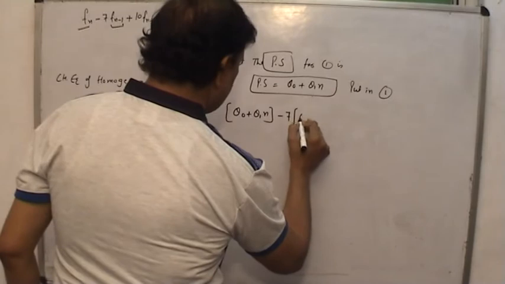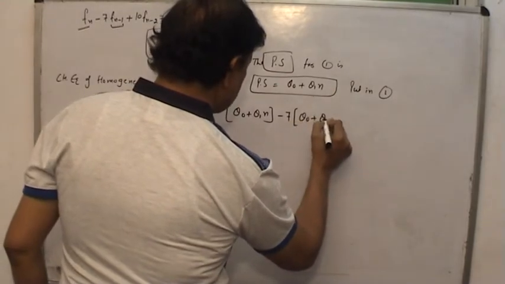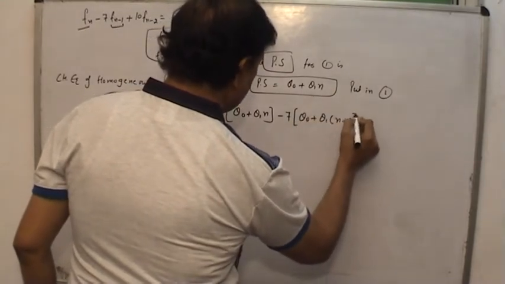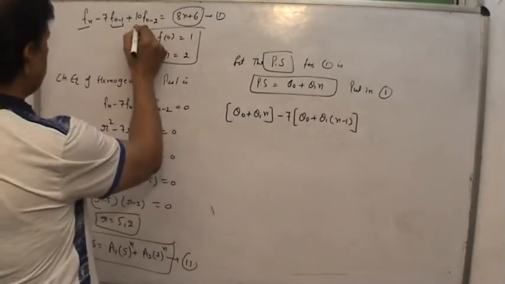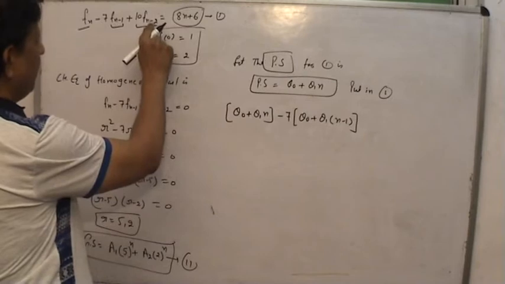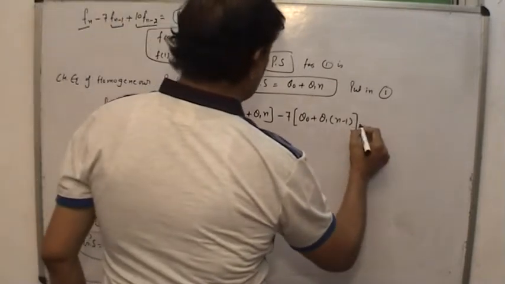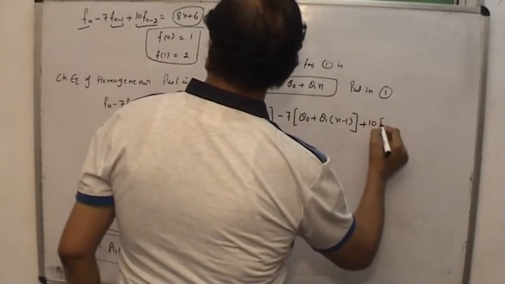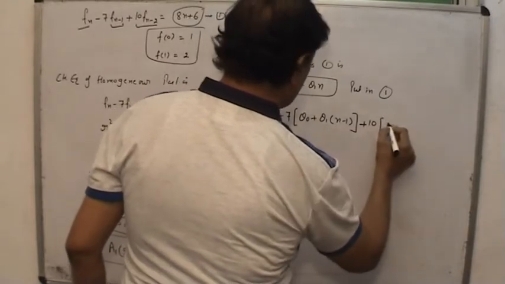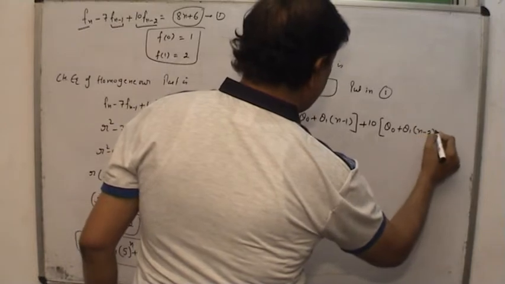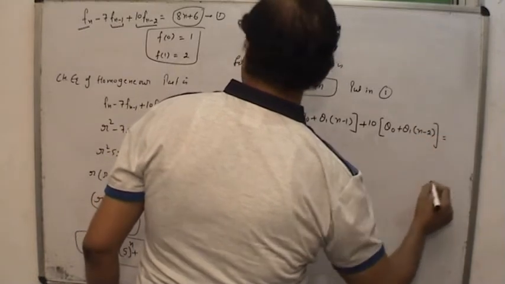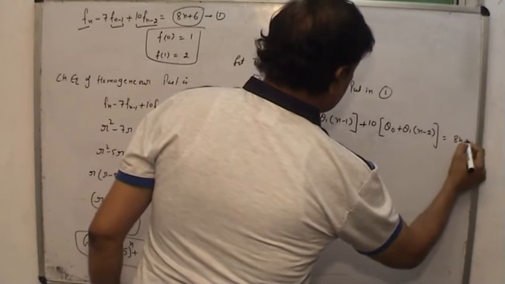Similarly here we write Q0 plus Q1 into n minus 1. Here we changed n to n minus 1. Now for this term n changes to n minus 2, plus 10 times f of n minus 2 means Q0 plus Q1 into n minus 2 is equal to 8n plus 6.